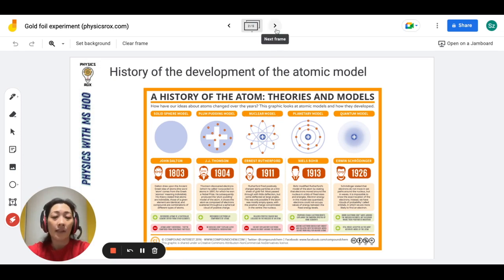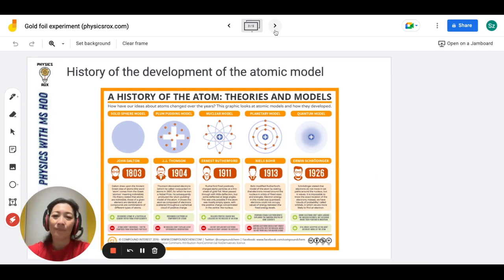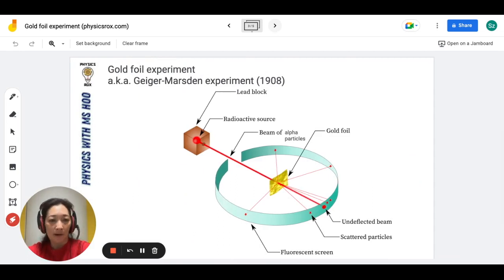So the gold foil experiment proved the existence of the nucleus, and we're going to see how the experiment has done just that. Now, the gold foil experiment is also known as the Geiger-Marsden experiment. Who are Geiger and Marsden? Geiger and Marsden are two research assistants who worked with Ernest Rutherford.